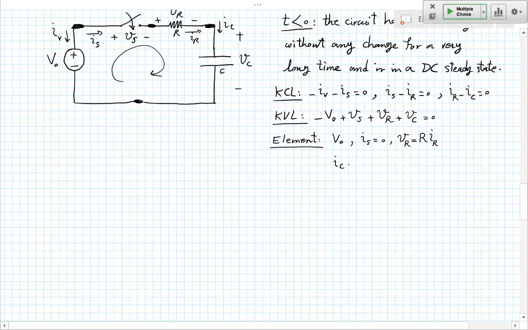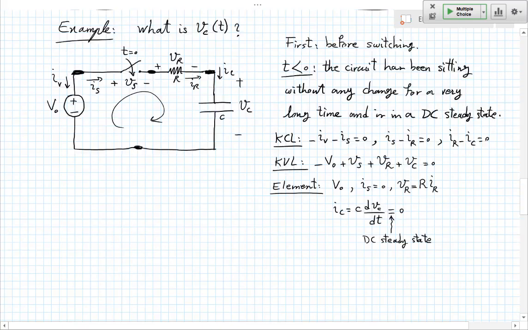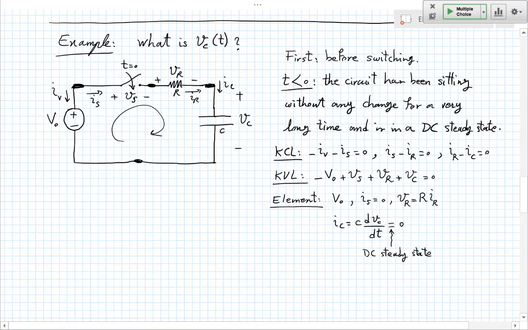We know that IC equals C dVc by dt, which, because of DC steady state, since there is no change, the capacitor current is also 0, since things are not changing with time. dVc by dt is 0, and therefore the capacitor has no current. This is all the equations.